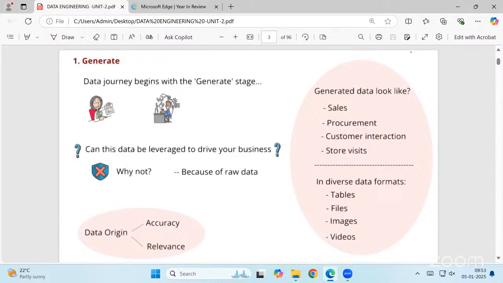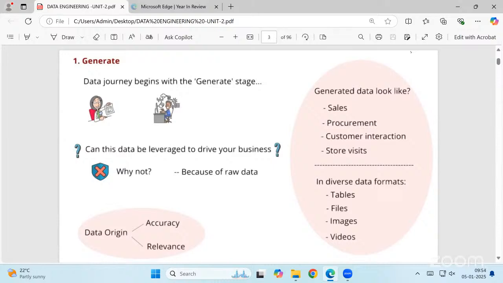And store visits, like the many shopping malls where you enter your details and purchase something. Everything which is electronically generated, their transactions are recorded, and that is the new data generation.